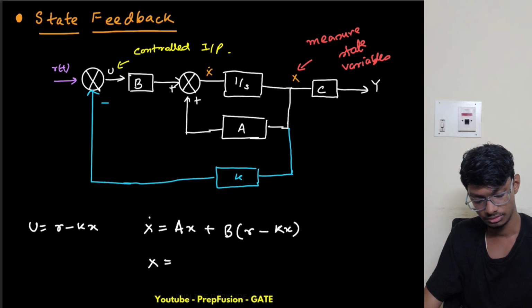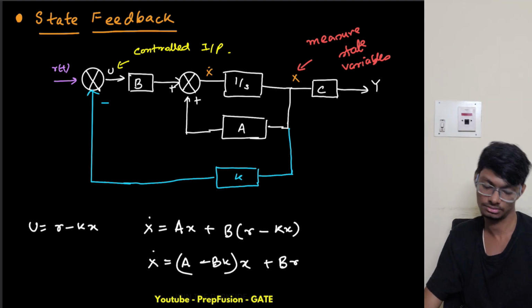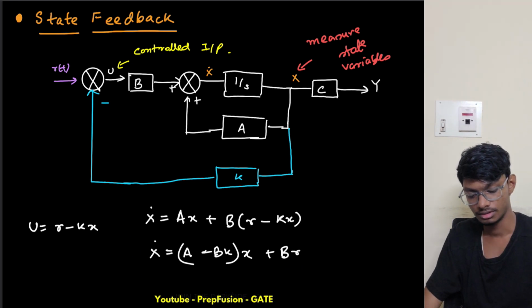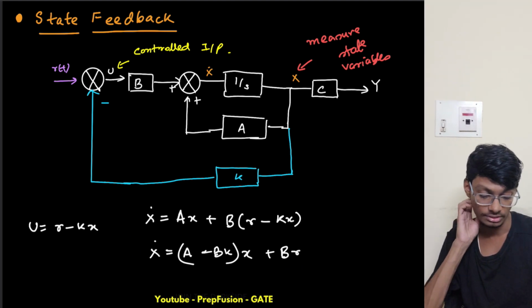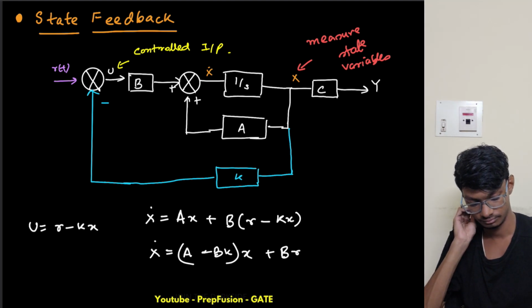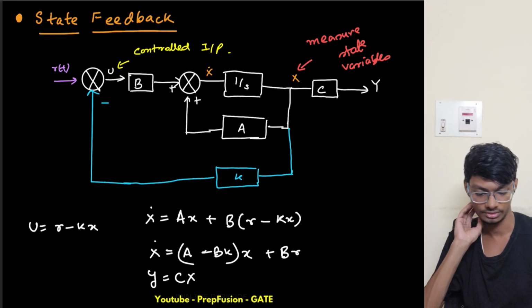So my x dot is basically (a minus bk) times x plus br. And my y was cx.